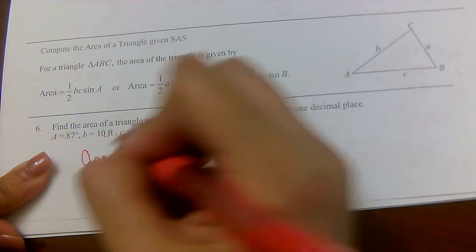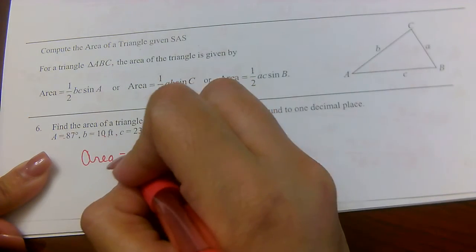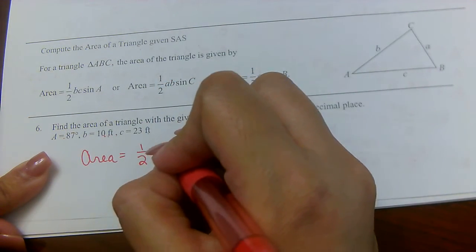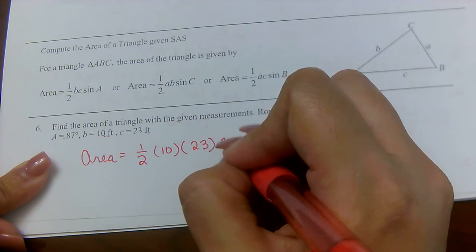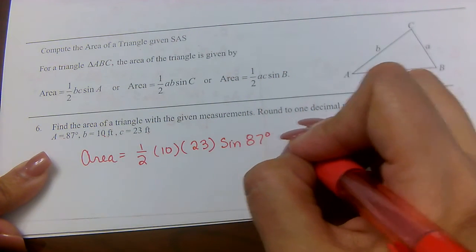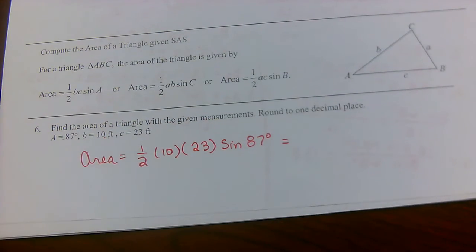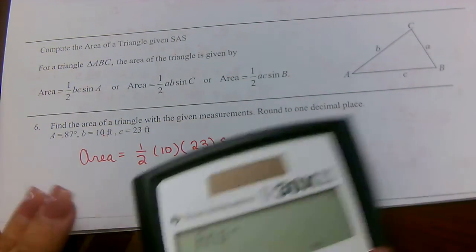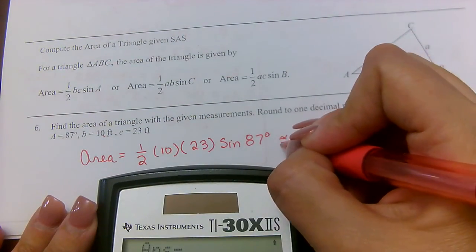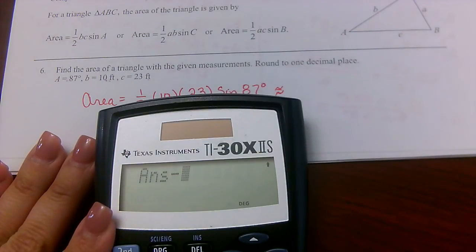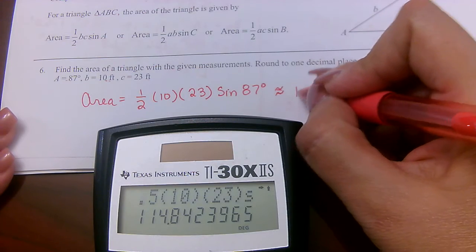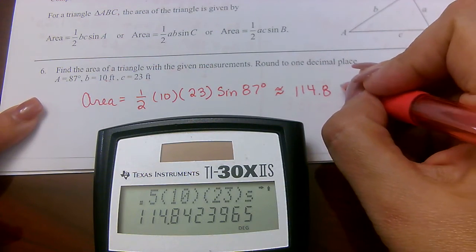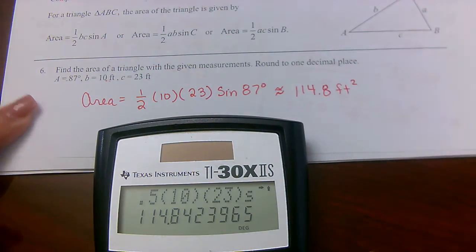Area equals 1/2 times 10 times 23 times sine of 87 degrees. Okay, plug that into the calculator and we will get approximately 114.8 feet squared.